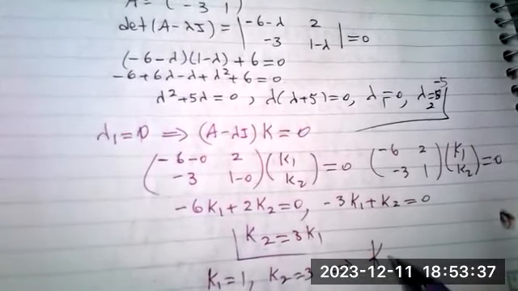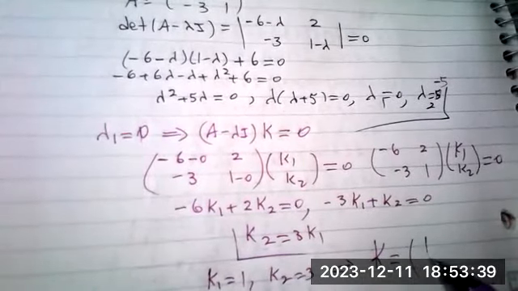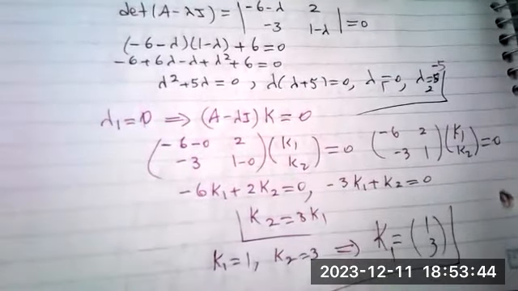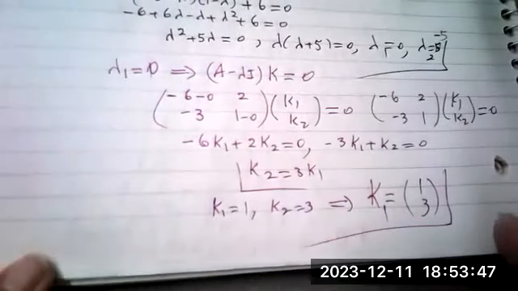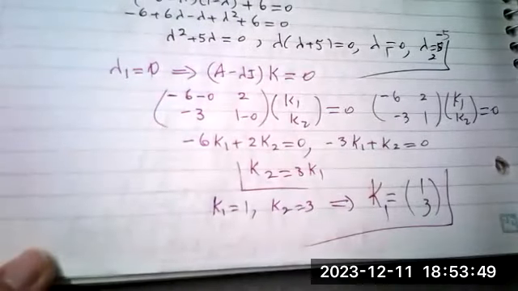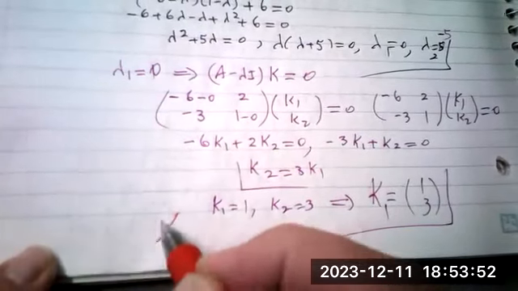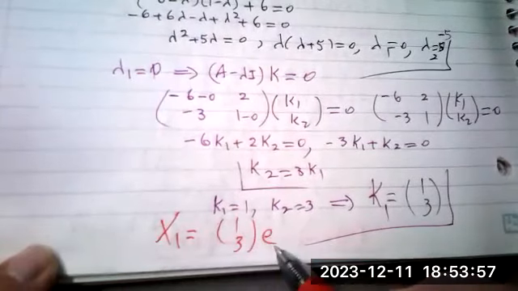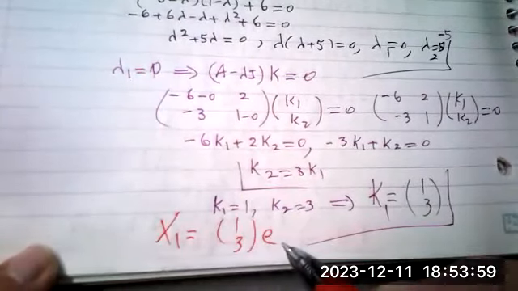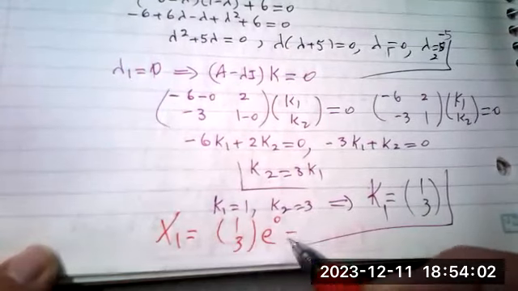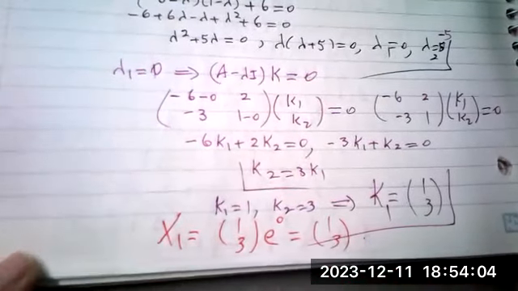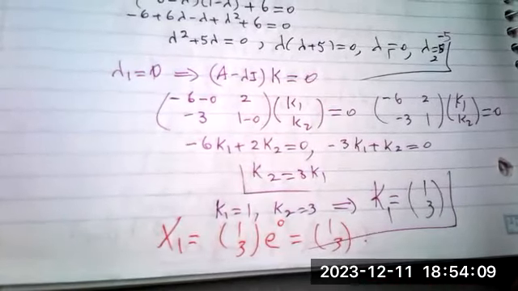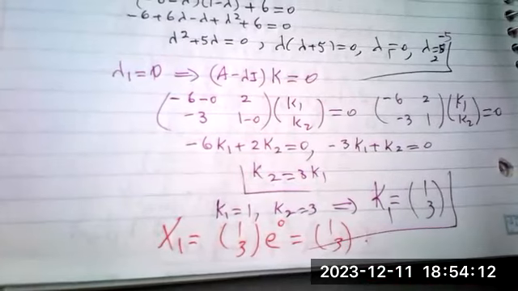That gives you the corresponding k for your first eigenvalue, so the first solution is x1 equal to the vector 1, 3 times e to the 0t, which is just 1, 3. So that's the first one. Any question? Go on, pick the second one, lambda 2, negative 5, and continue.